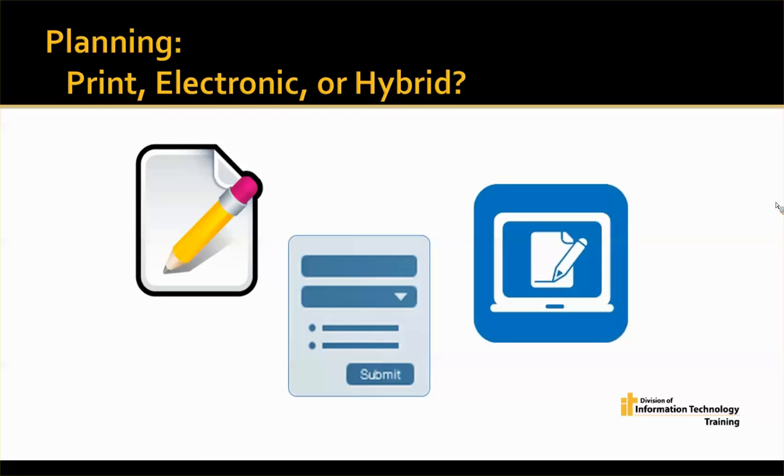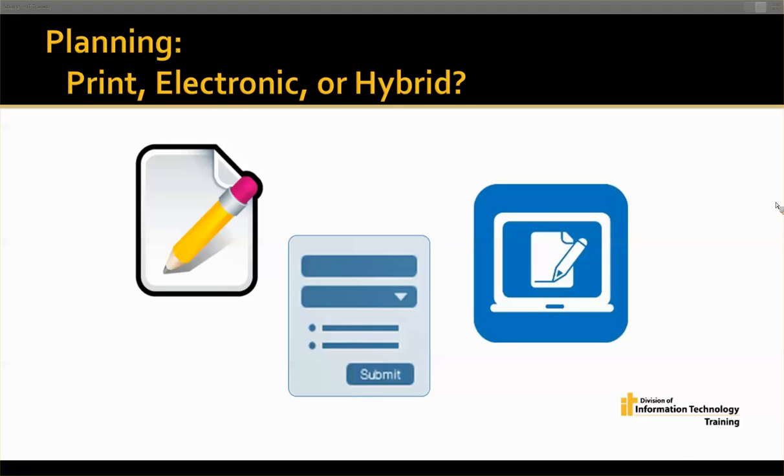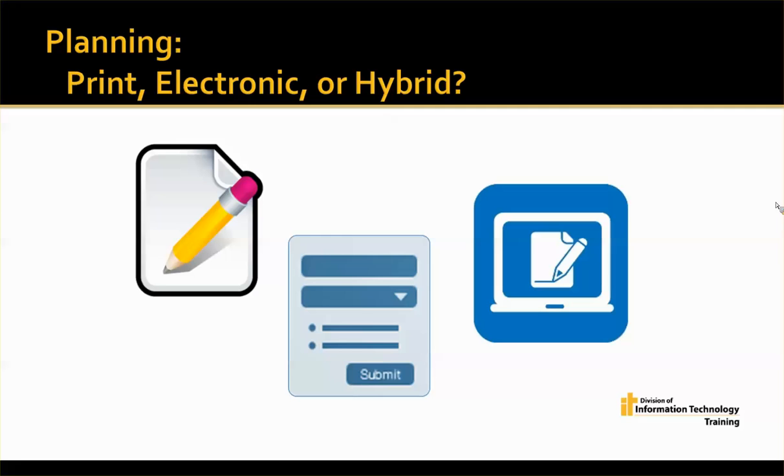You just want them to fill it out online, and you want them to be able to use things like combo boxes, which is when you click the little arrow and something drops down and they can choose from it. That would not work in a printed version, obviously. So you could use PDF or Acrobat to create purely electronic form fields, but you're going to be limited a little bit.